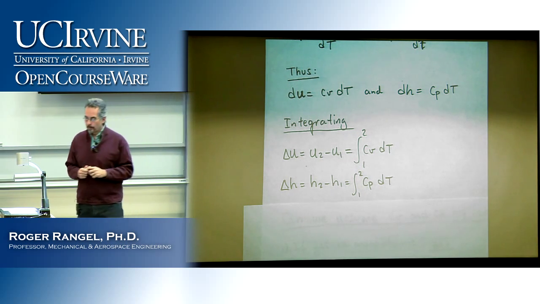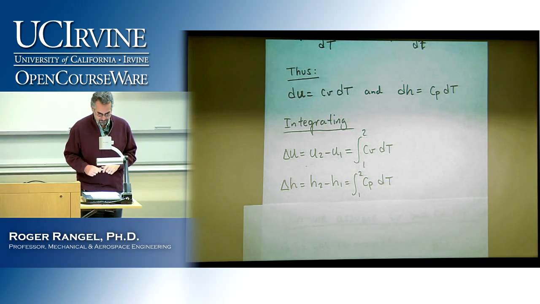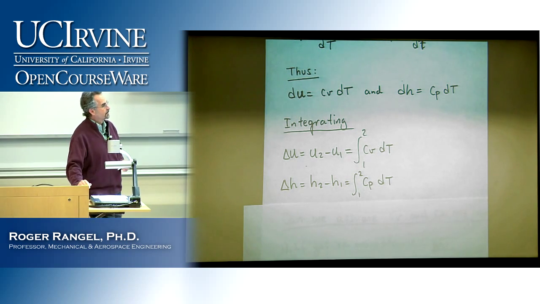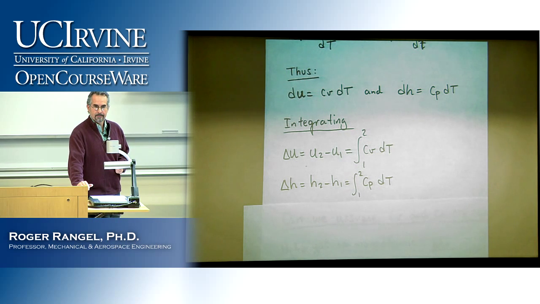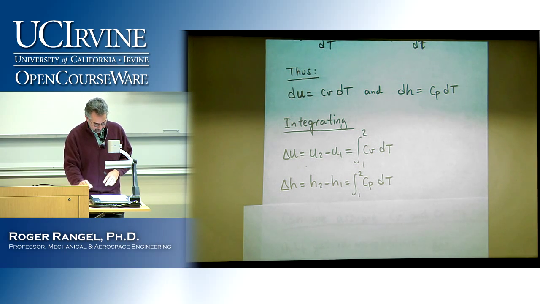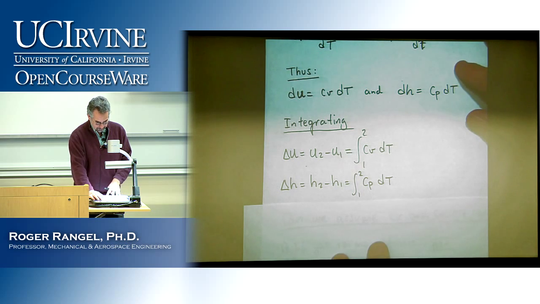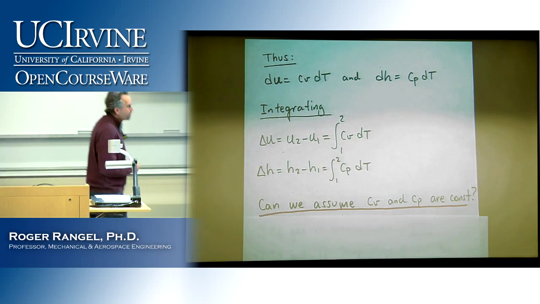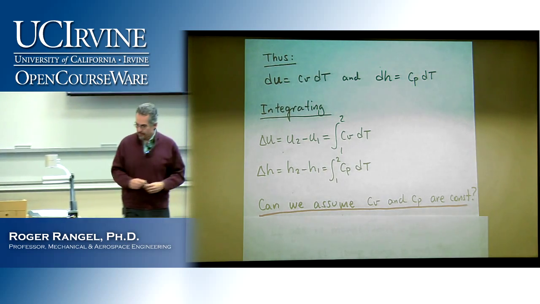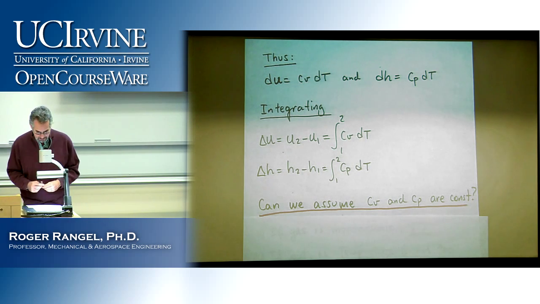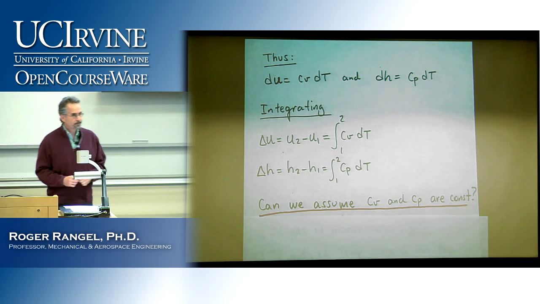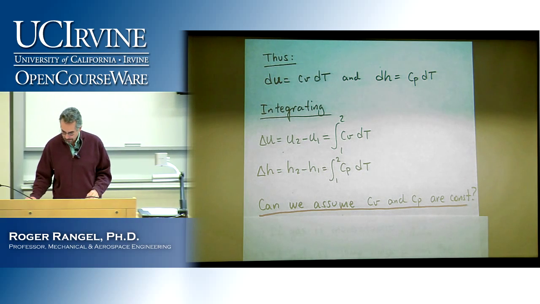Okay, so can I pull it out of the integral? Can we assume that Cp and Cv are constant? Let me show you a plot.